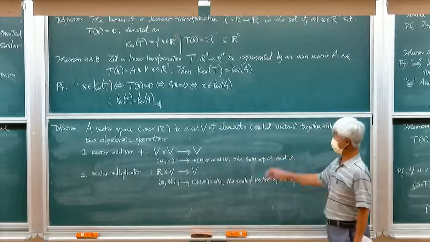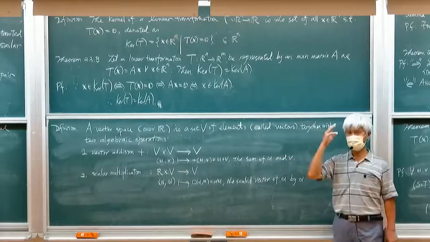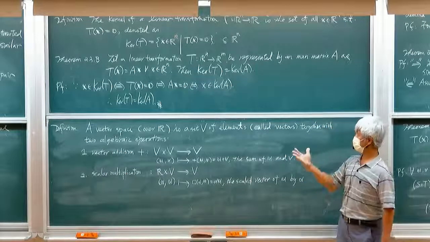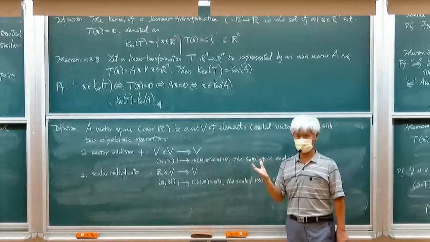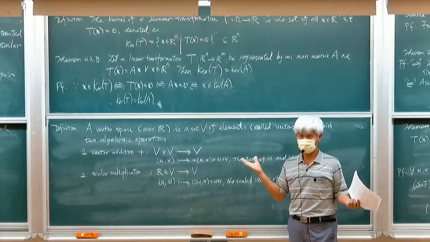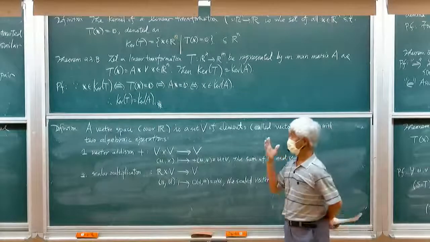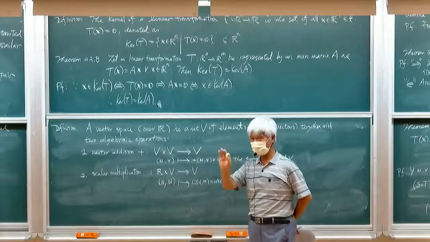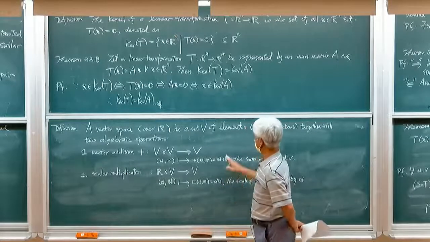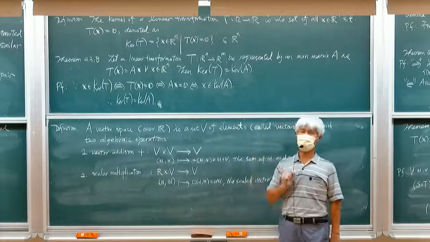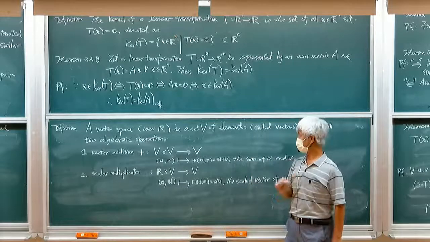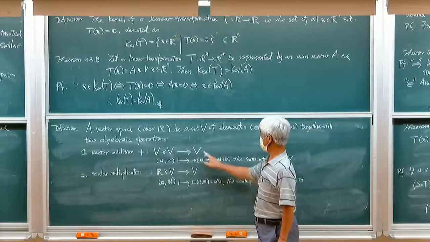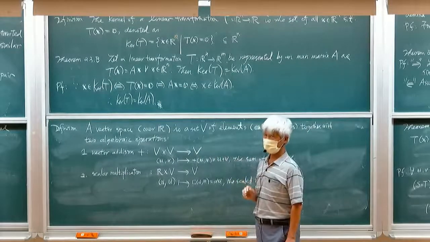All right, so it consists of at least three things. First, very simple, a set only, just any set. And then you should have some means to define the so-called addition of two vectors, such that the sum is a vector in V. Okay.